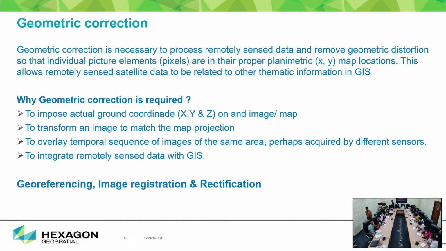I mean, you may have a data that is only in JPEG format and is not georeferenced with the XY location. When you open the data in a software, you will see some map value. So this map value should be converted into the XY location, the latitude and longitude.